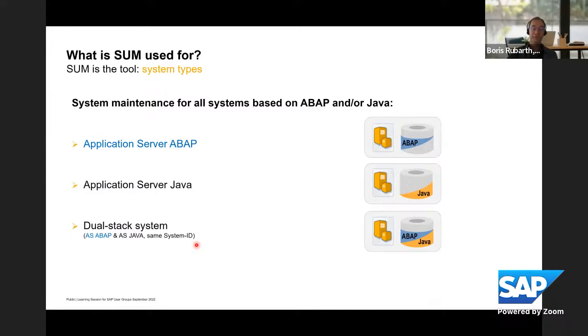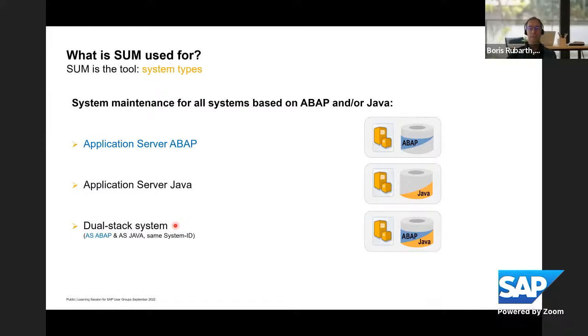So you use the Software Update Manager if you plan to work on, for example, an SAP ERP system or an SAP S/4HANA system or on a Java system or on a dual stack system, although SAP is fading out the dual stack systems overall.